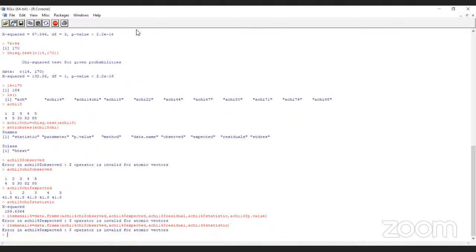So there is an error in HI4 dollar expected. You have to find out any spelling mistake. Okay, you remove the statistic part also.